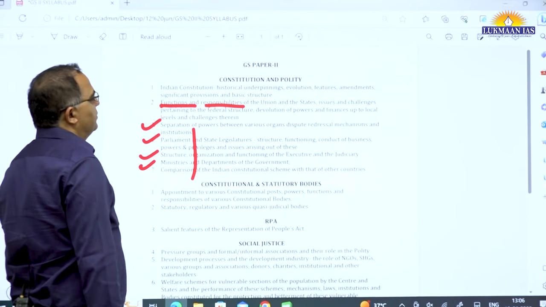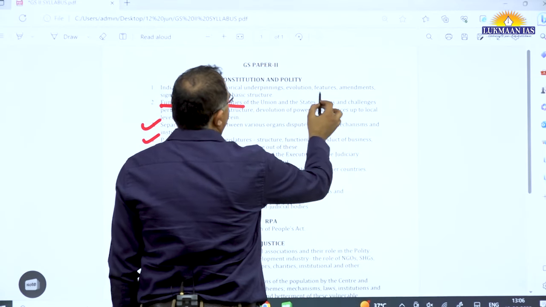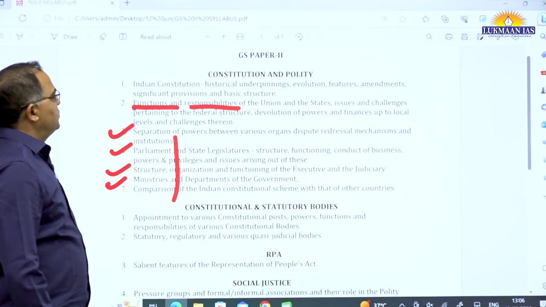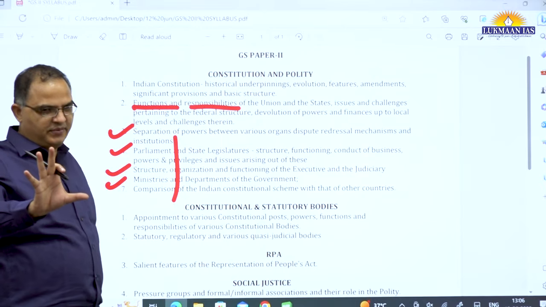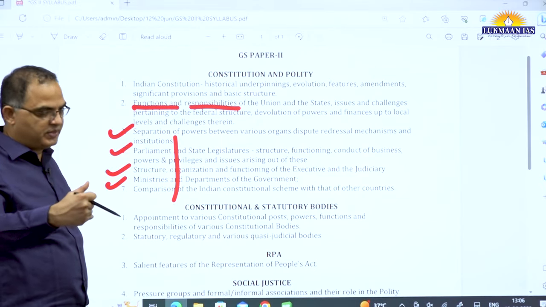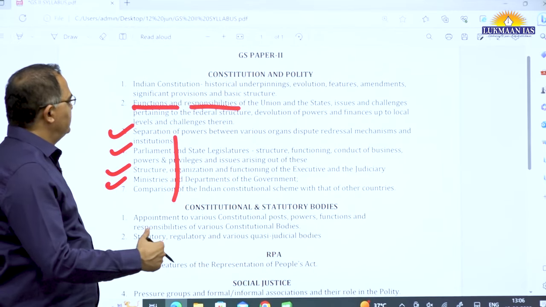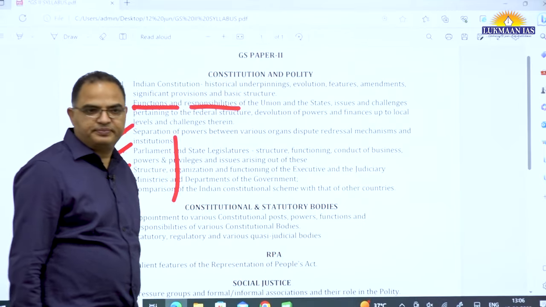Basically, first we'll deal with the Indian Constitution, historical underpinnings. We have given a bit of history in general, not Indian specific. Then the evolution aspect, how it has evolved, its features, amendments, significant provisions, and basic structure.